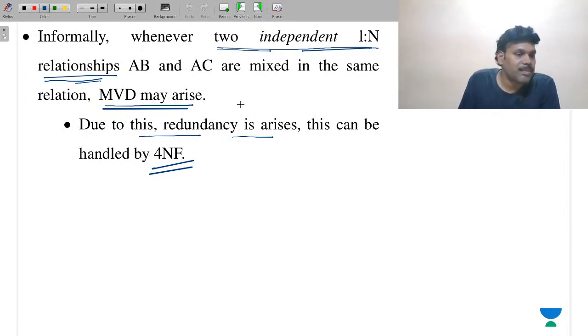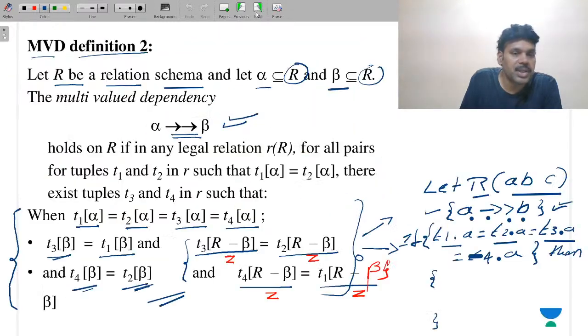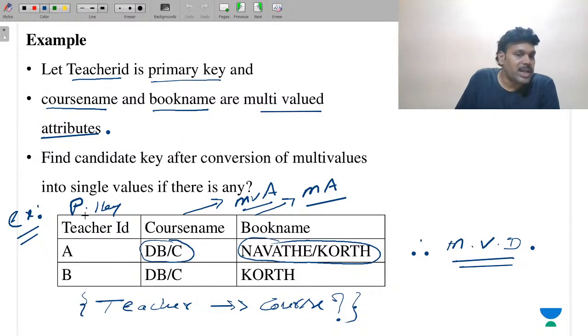Whenever there are two independent one-to-n relationships like A to B and A to C, then it is the concept of multi-valued dependency. The same point we want to put in our example. The teacher ID is a primary key, you cannot make it a duplicate there. Therefore, the teacher ID is going to represent only one.